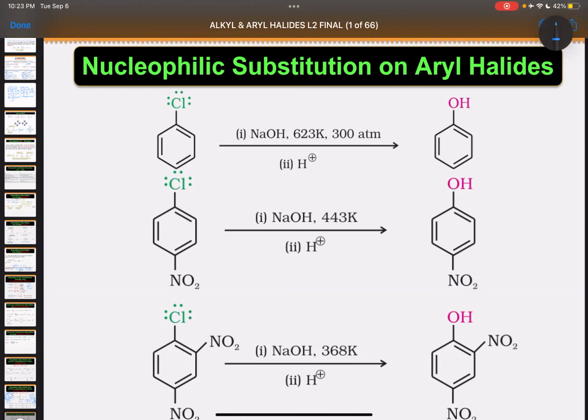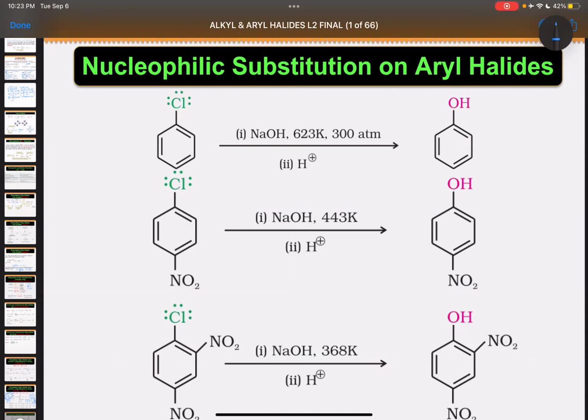Yeah, because benzene itself is a pi electron cloud. The Cl is doubly bonded. And the nucleophile, if it tries to come in, will be pushed away by the electron pair of the benzene. So you need extreme conditions. Yeah, that's true.